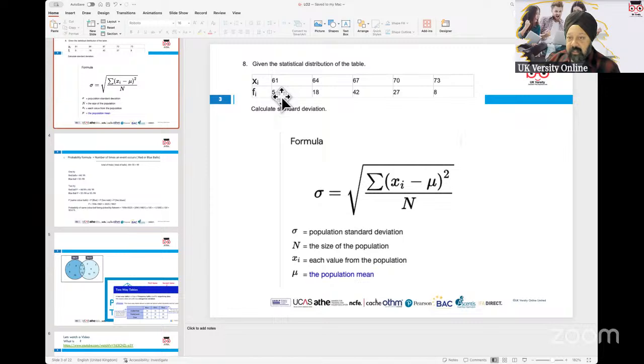So you look at whatever this value comes out, minus mu, squared, divided by the total number, 5 plus 18 plus 42, 27, and 8, and that will come here. And this will then have a final square root to come out with what is called standard deviation.